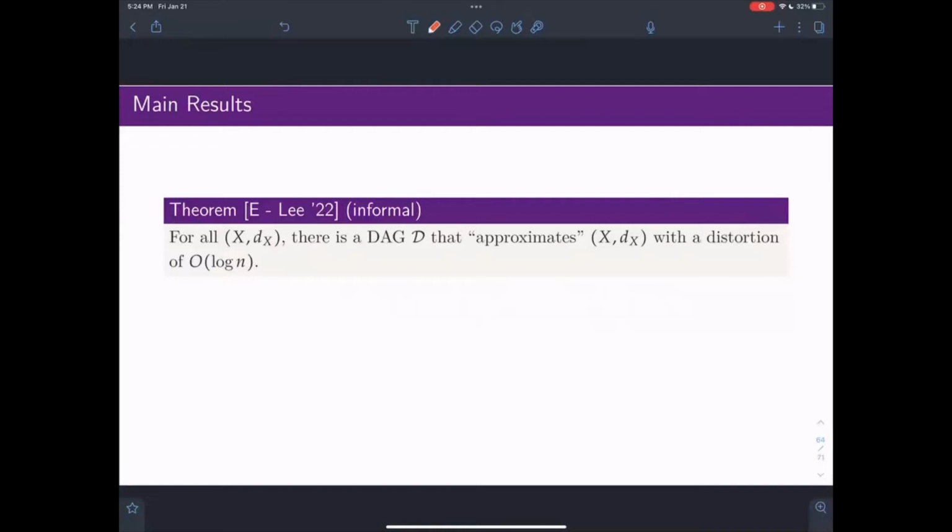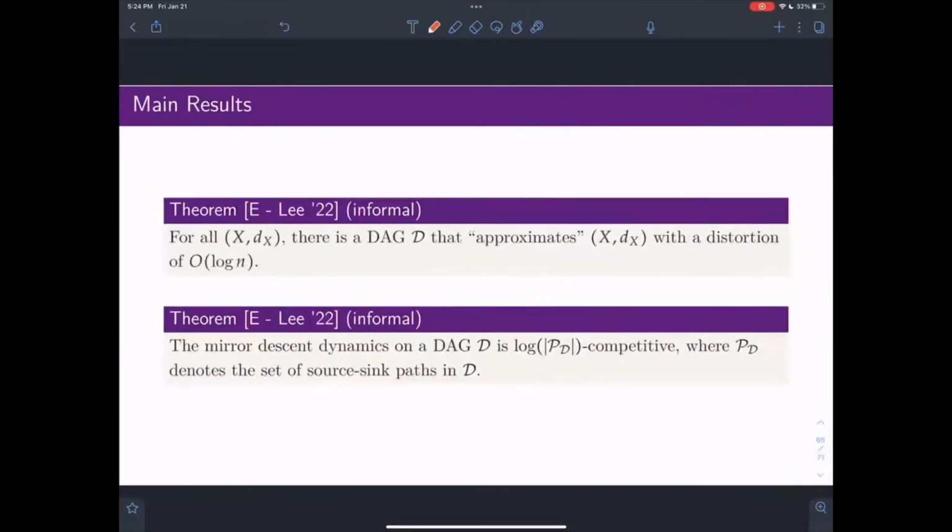And the main technical contribution in our paper is to show that for any metric, constructing such a DAG is possible. For the case of the path metric, it's an easy exercise maybe, but in general, it's much more complicated.